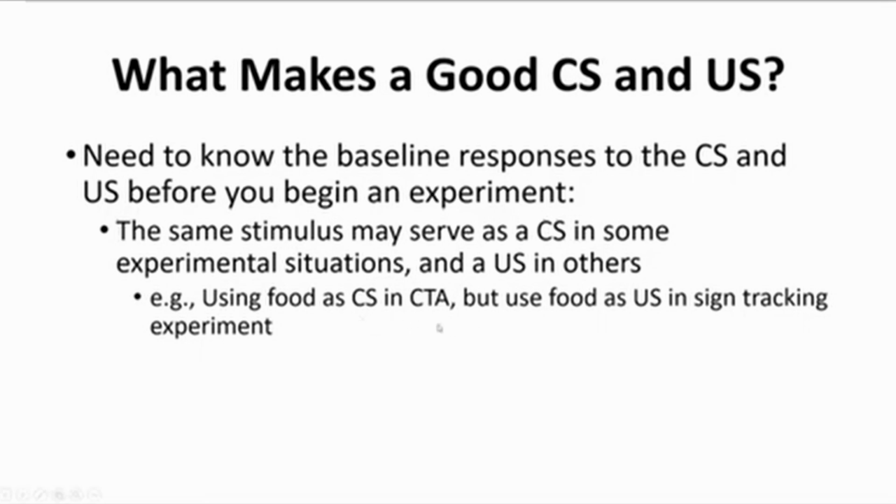But if you use sucrose as a food reward, or just as a food in general, in a sign tracking experiment, then it can become an unconditioned stimulus, where we have a natural response to sucrose as a type of food. So based on the framing and based on what that particular stimulus is, we can call it a CS or a US depending on that situation.